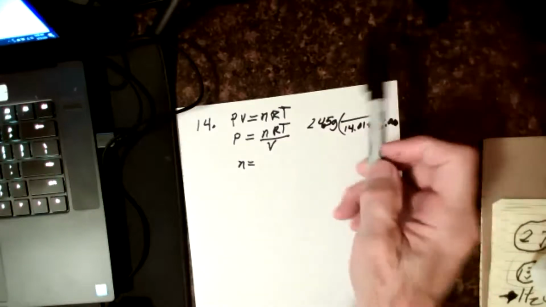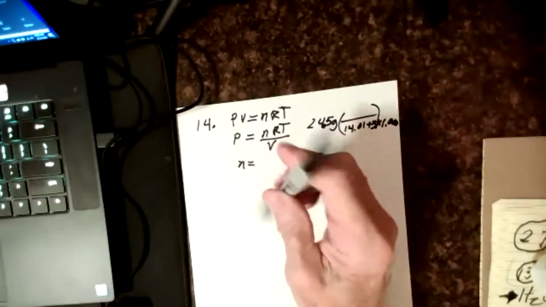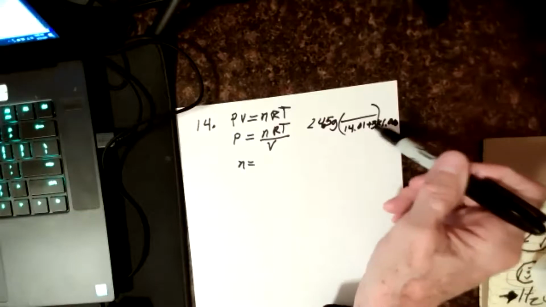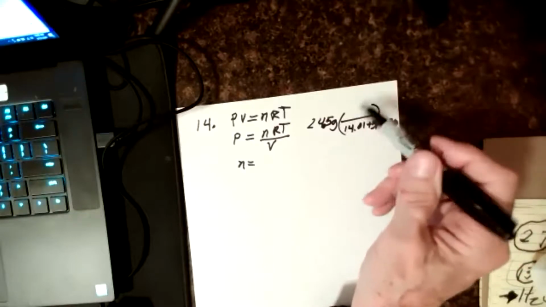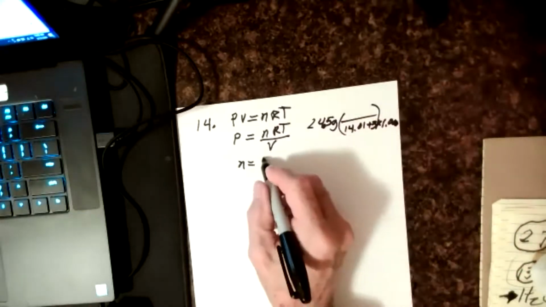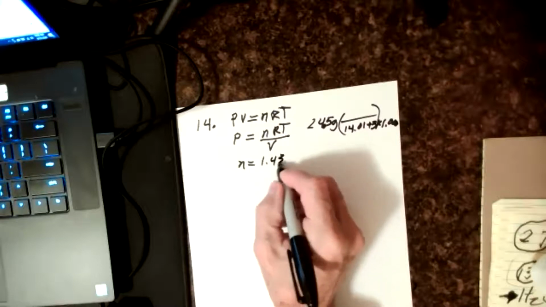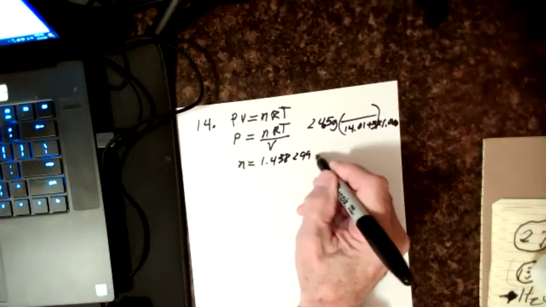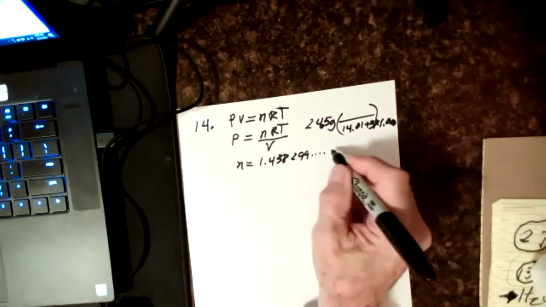That's another place where the answers can differ, because maybe we didn't round off things the same way. But anyhow, I'm coming out with 1.438299 and more digits of moles.